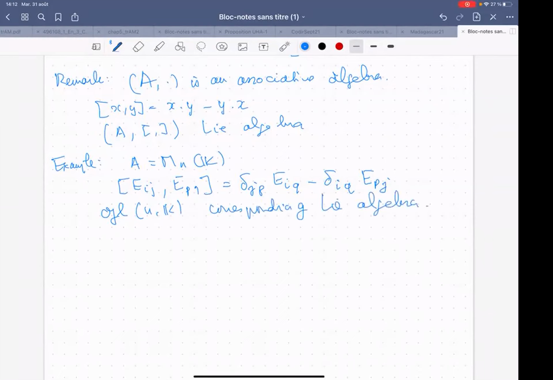Okay, now we can do the same, as we know that there is a correspondence between matrices and linear maps over a vector space.